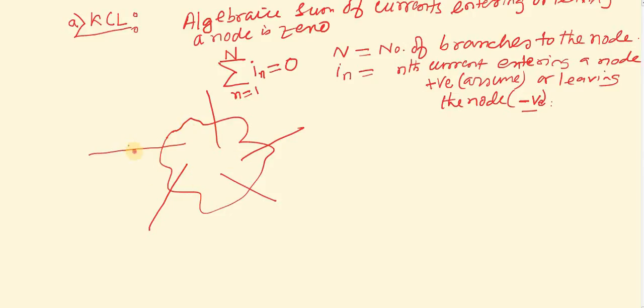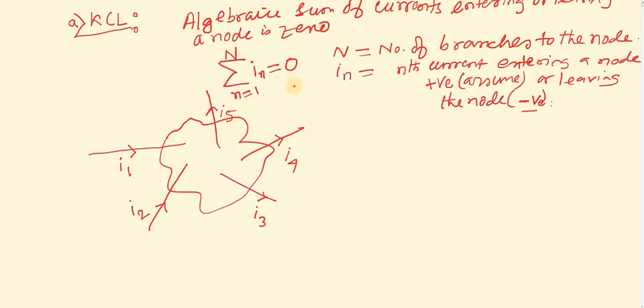Say this current I1 is entering, and this current I2 is also entering, and this current I3 is leaving, and also current I4 and current I5 are leaving through this junction. The KCL law states that the algebraic sum of currents entering or leaving any node is 0.